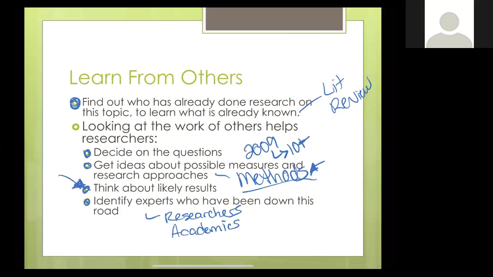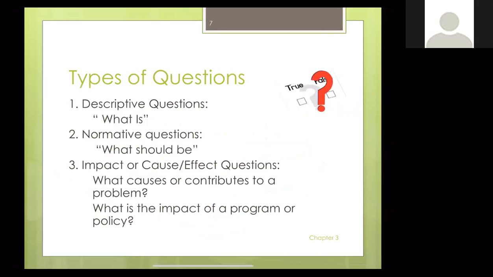So if you find a couple of scholars who have a bunch of articles evaluating a program similar to one that you're interested in or have been assigned to work on, reach out to them and see if they're willing to provide some guidance or answer questions that you have, because that is one of the things they tend to do and they are a good resource for that.